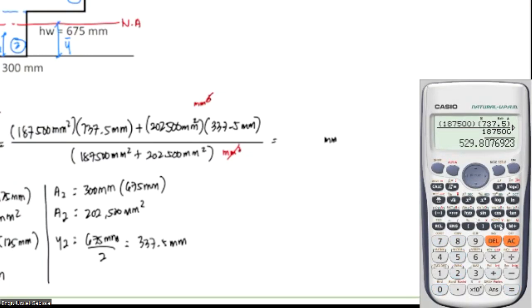So we have a value of 529.8. Okay, so that is the distance from the bottom.